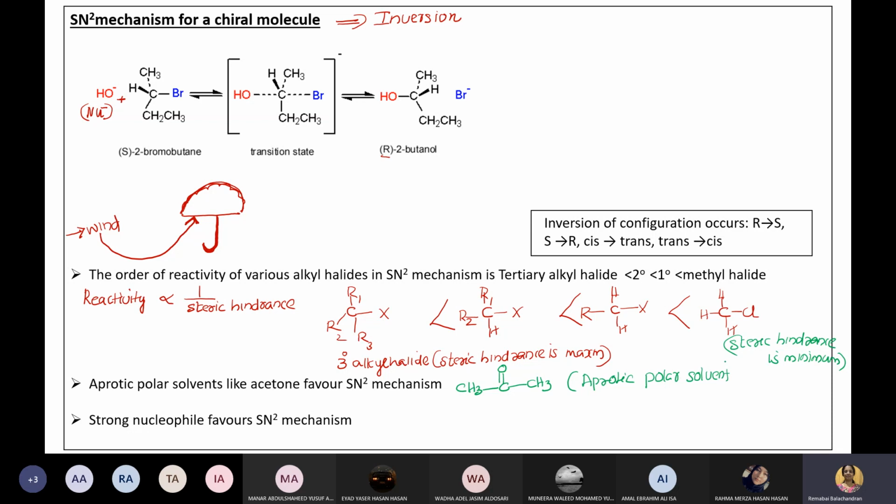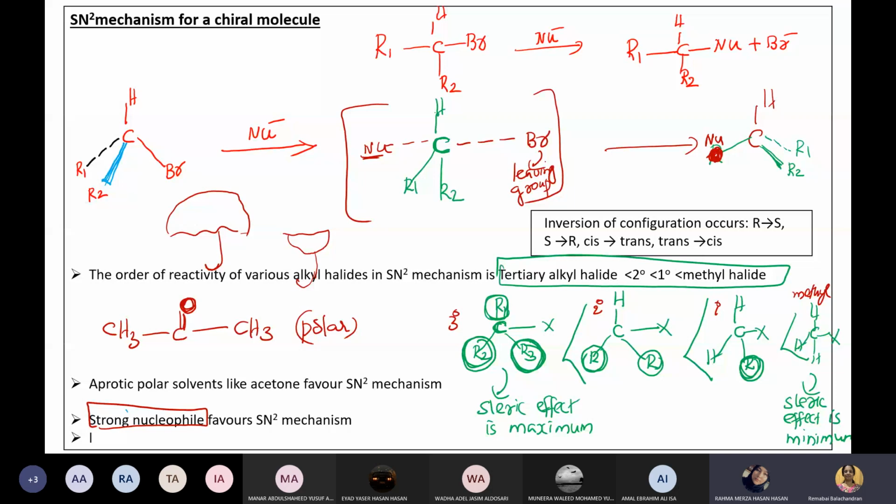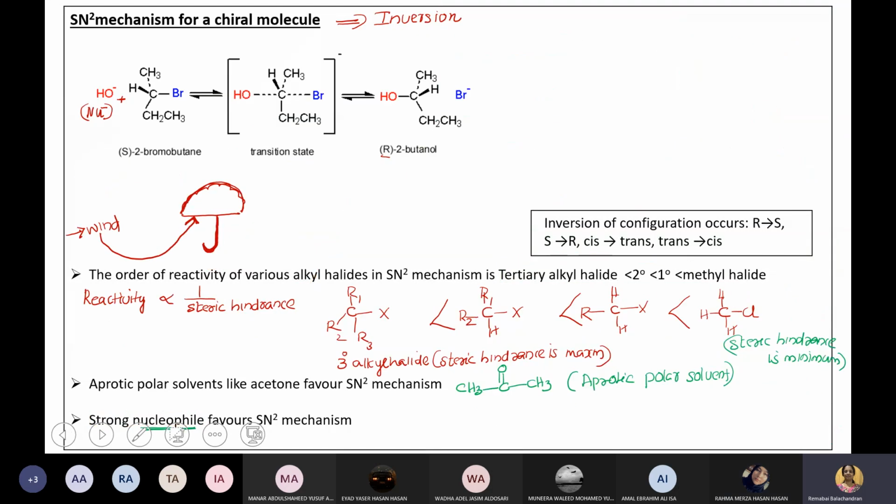Acetone is polar, but it does not have any proton. It doesn't give H+. Now, to favor SN2 mechanism, the nucleophilic strength should be high. A strong nucleophile is needed. You don't need to know which are strong or which are weak. These are just the conditions. Did you understand this much clearly? Yes, doctor. If anyone has any question, you can ask, my dear.